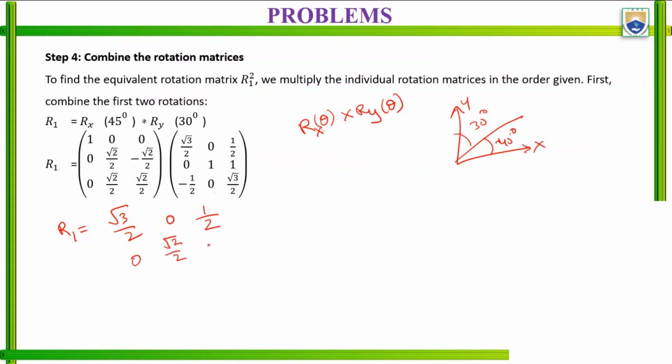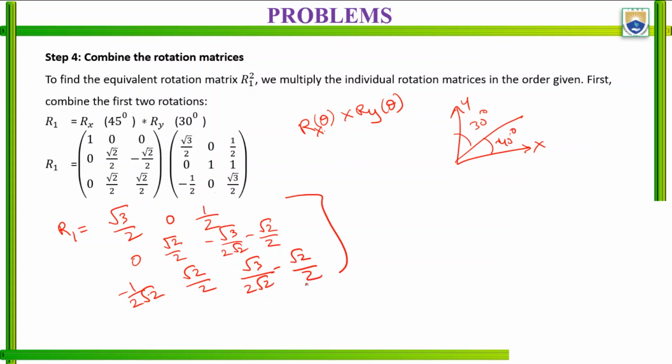This we will be getting, minus 1 by 2 root 2, root 2 by 2, root 3 by 2 root 2, minus root 2 by 2. So this is the matrix which we will be getting when we combine both the x-axis and y-axis rotations with respect to 45 degrees and 30 degrees.